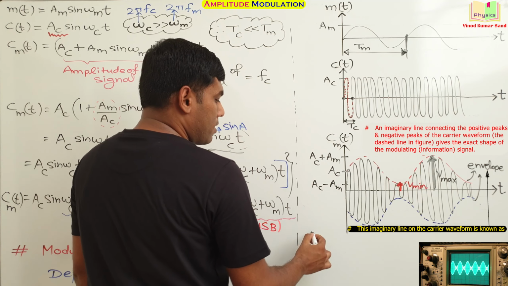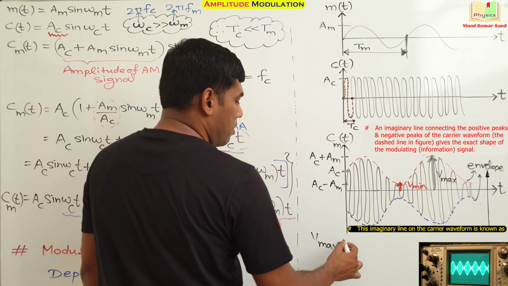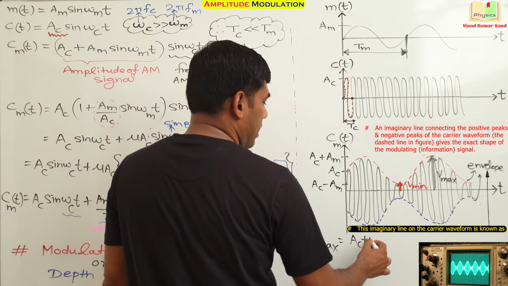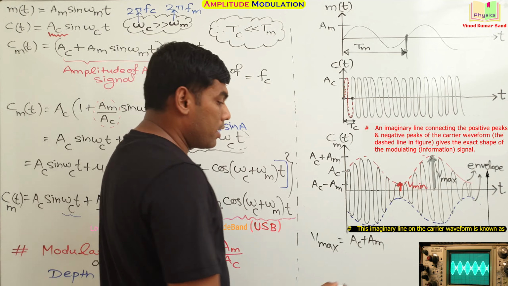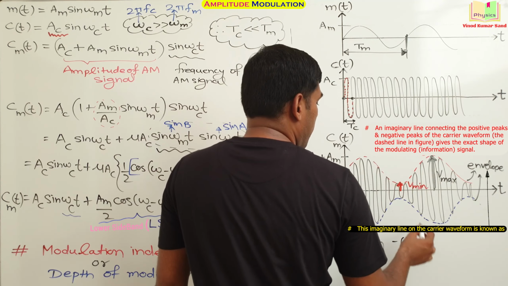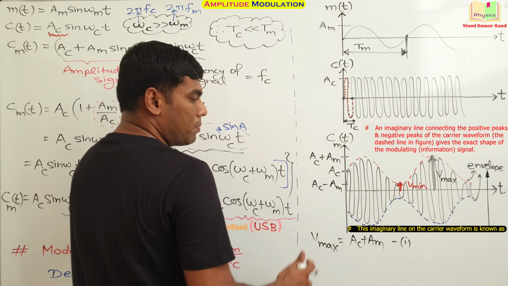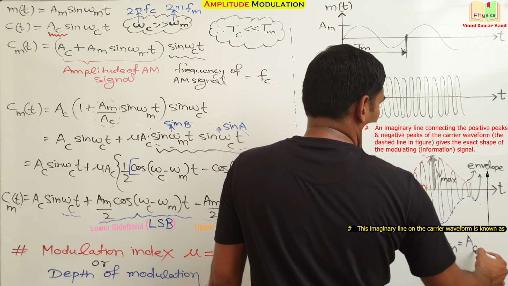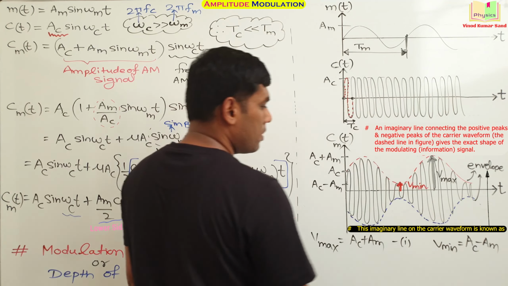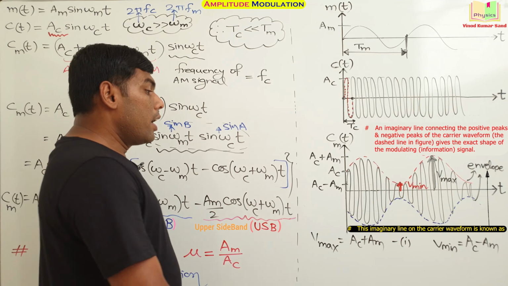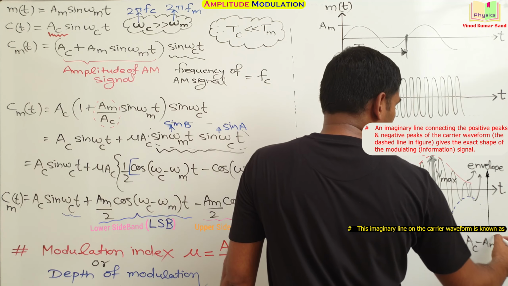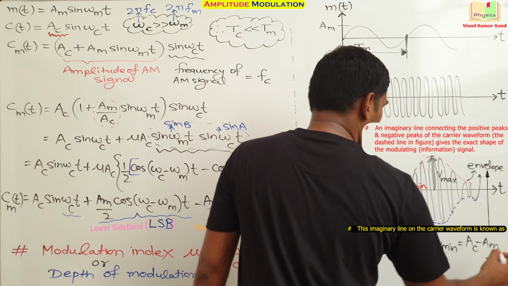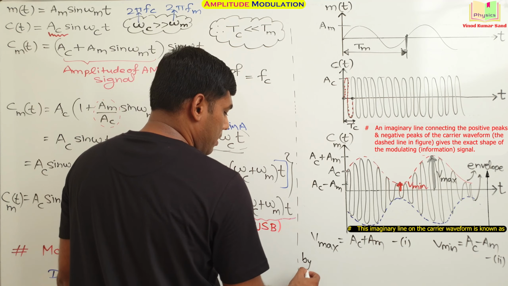The V maximum is equal to AC plus AM. We call it equation number 1. And how much is V minimum? V minimum is equal to AC minus AM. Is it okay? If you add the equation 1 and 2, what you will get? Speak up.